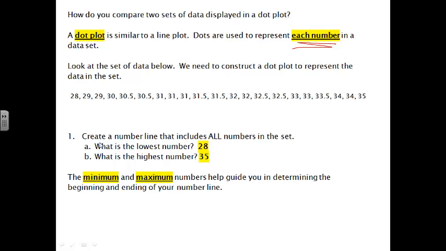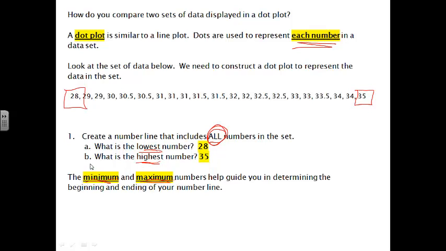So how do we create this? Well, we create a number line that includes all of the numbers in the data set. In order to create it, we need to know what our lowest number is and our highest number. Since this is already in order, we know our lowest number, or our minimum, is 28, and our highest number, or our maximum, is 35.